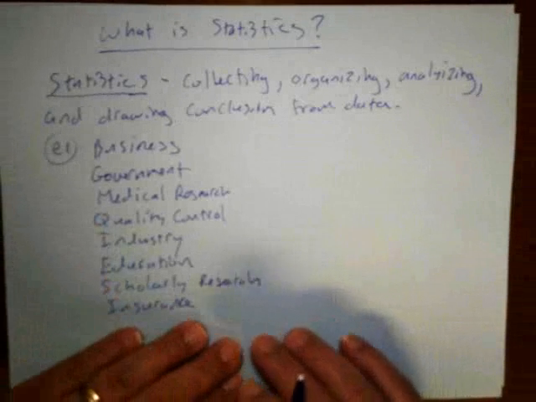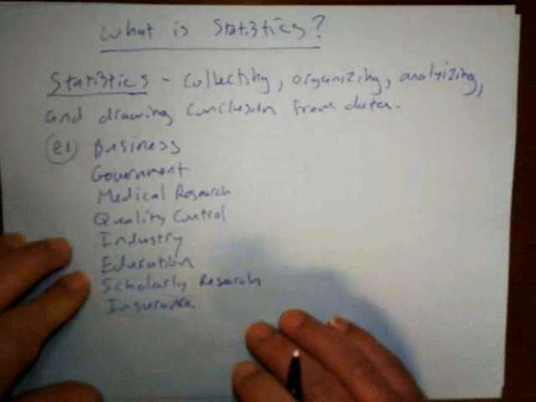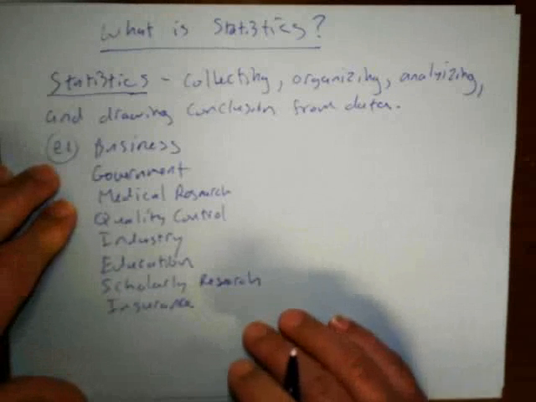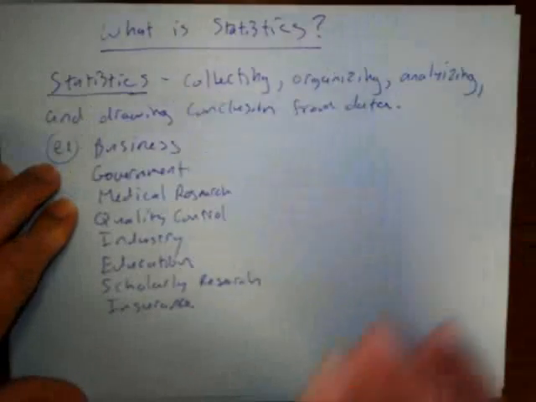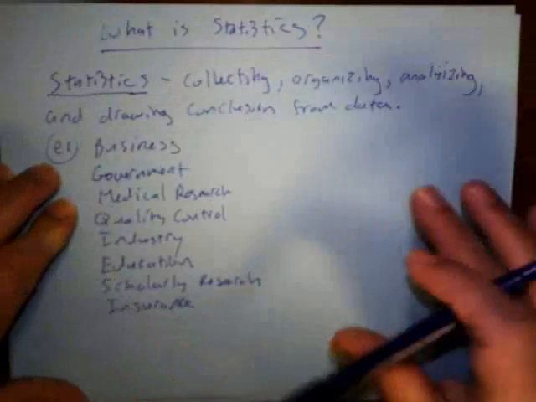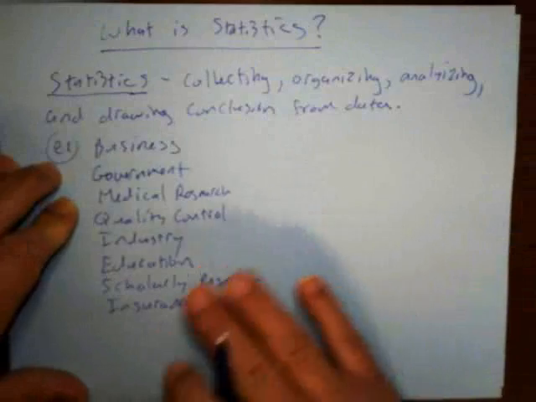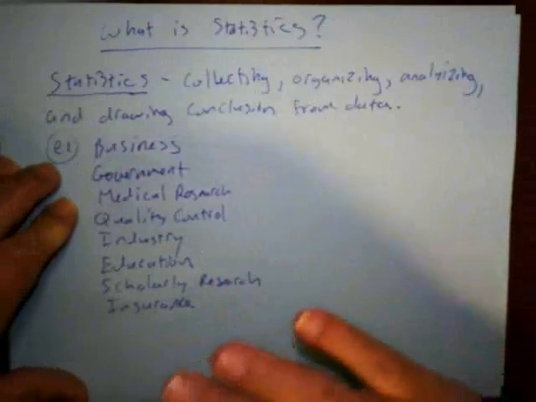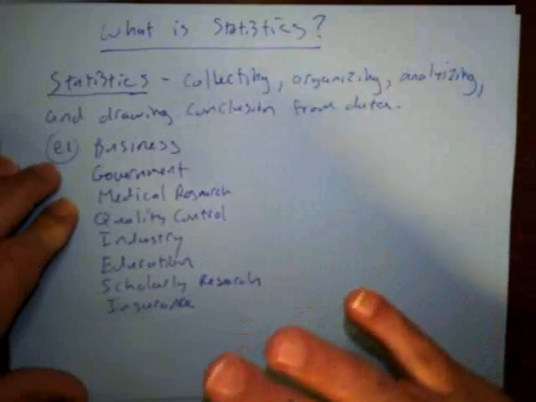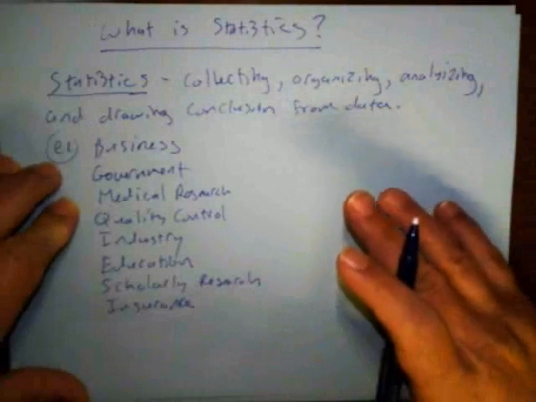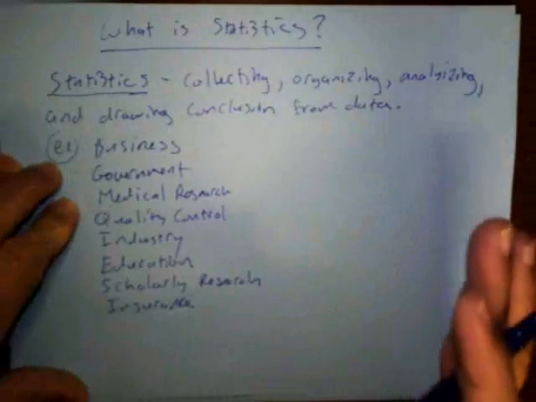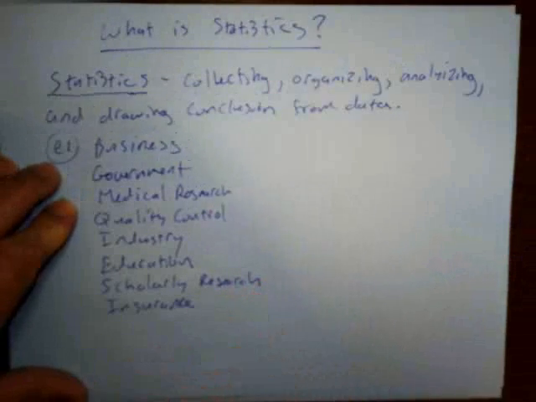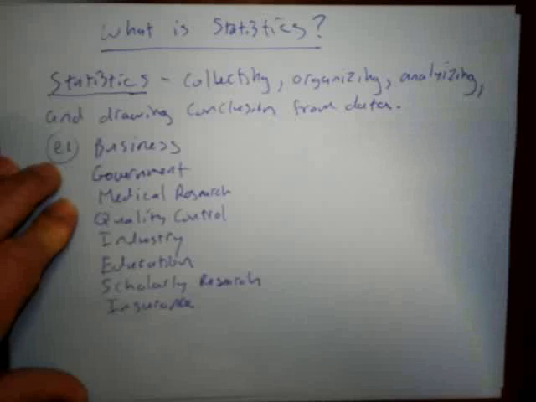And then the other thing is it's important that it can be misused. Okay? So politicians, advertising agencies, other people that have an agenda that they want to get across, they can use statistics in misleading ways to make it seem like their point of view is correct. I think it's important, though, to not become cynical. A lot of people are cynical and they don't think statistics has any value.